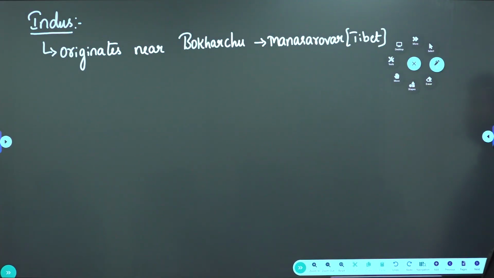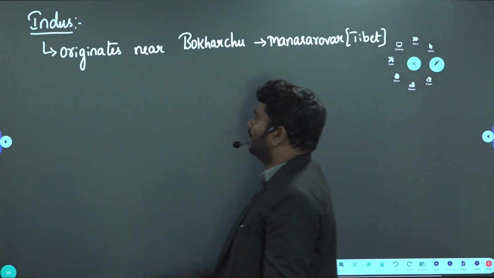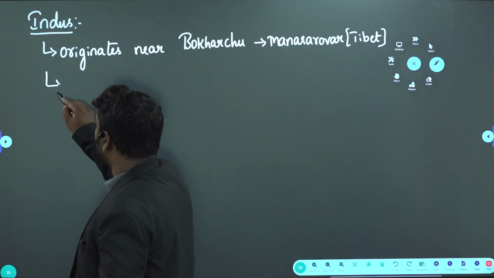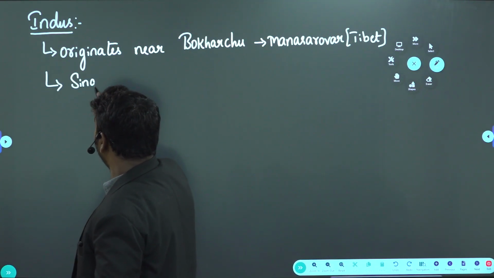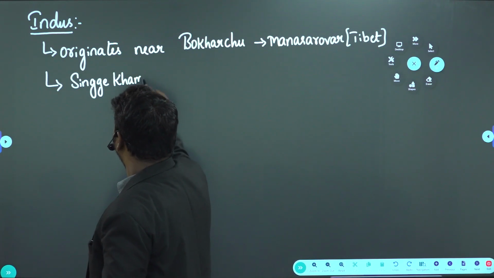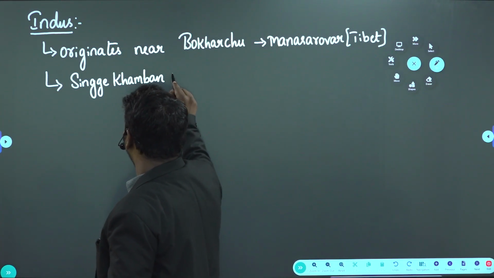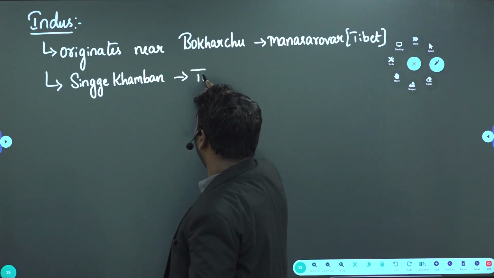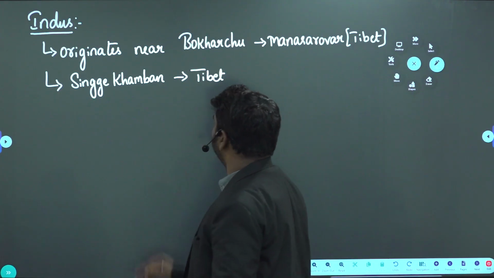Kailash Manasarovar, Tibet. Indus is known as Singe Kamban in Tibet.